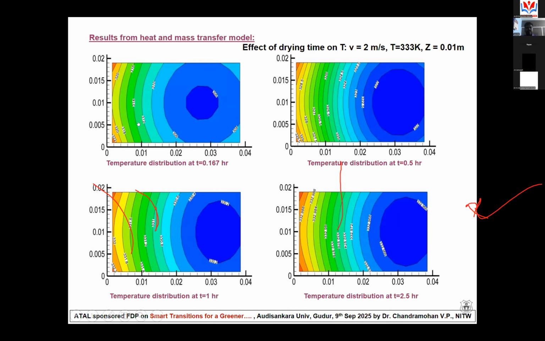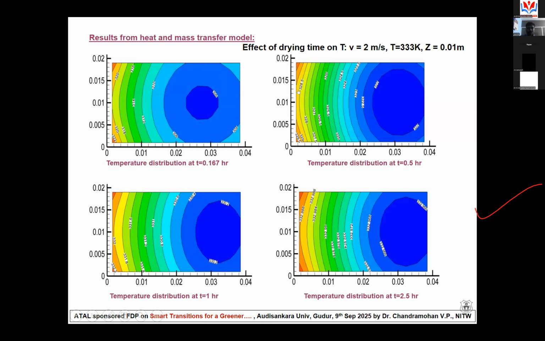For different times, the temperature of the food product is always increasing. Could you notice that? Here, on the left side of the food product, the maximum temperature is 320 Kelvin at 10 minutes.